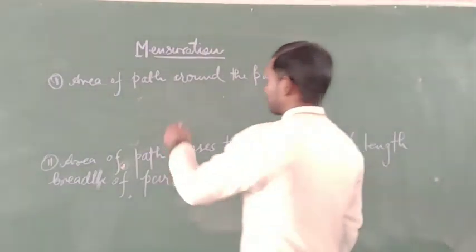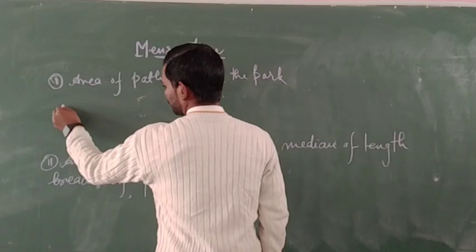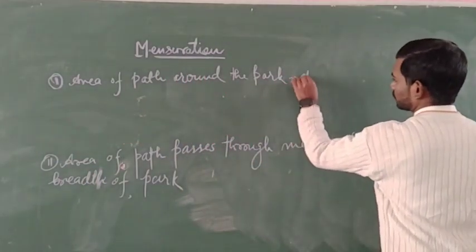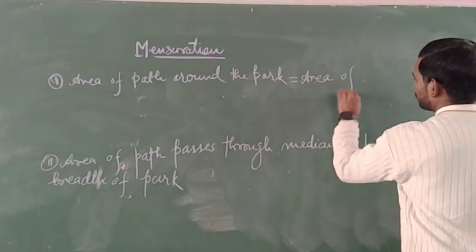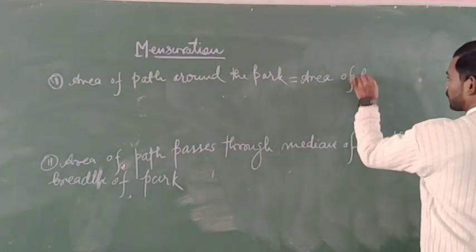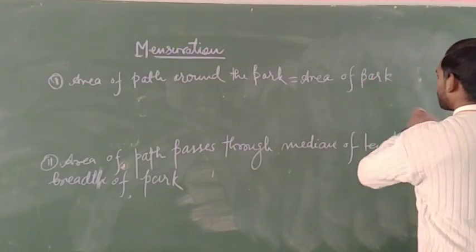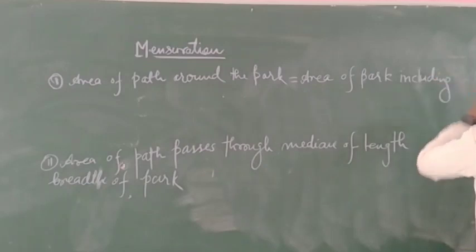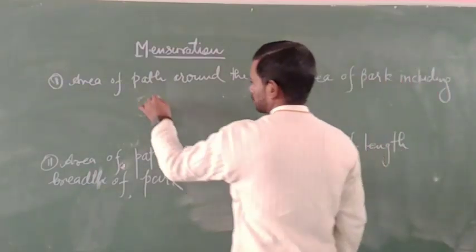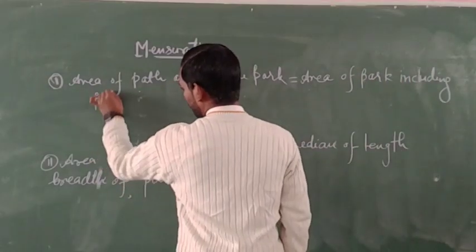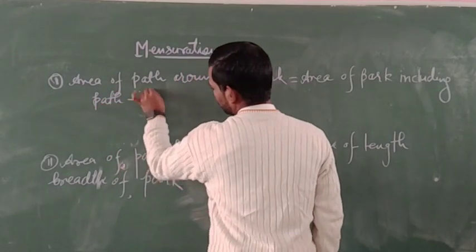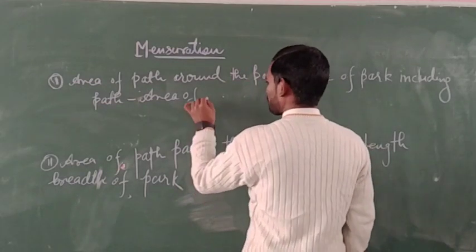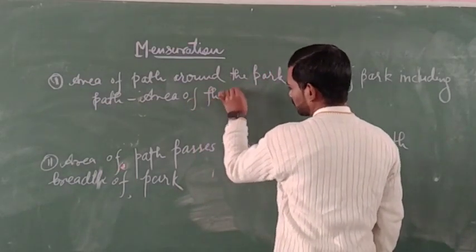For this, we have to find area of path around the park is equal to area of park including path minus area of the park.